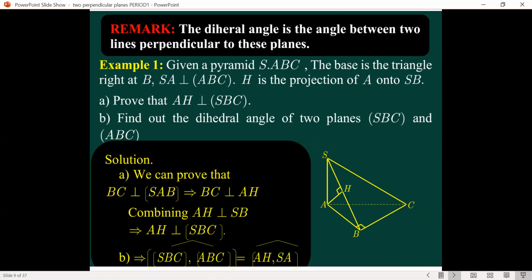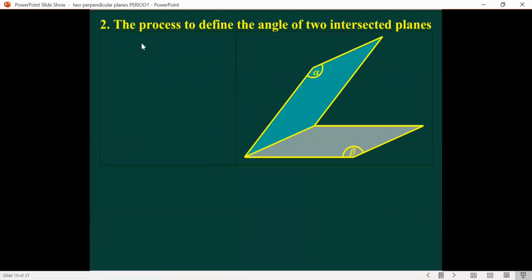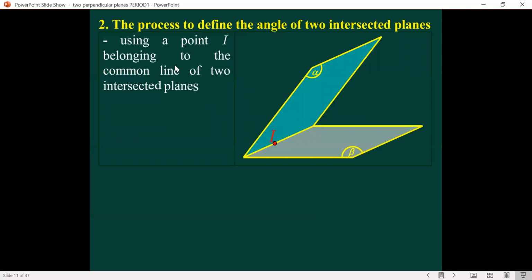We move to the next. The process to define the angle between intersecting planes. Using a point I belonging to the common line of two intersecting planes alpha and beta.